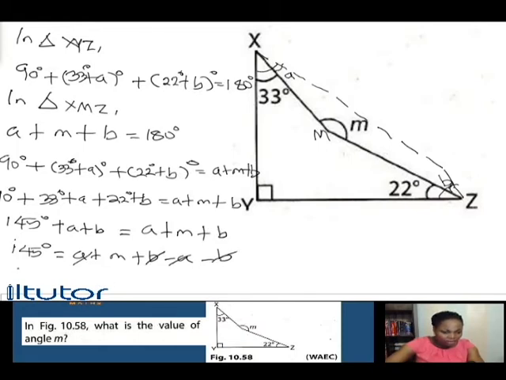So we have that 145 degrees is equal to M. So M is equal to 145 degrees. So we've gotten our M, 145 degrees.